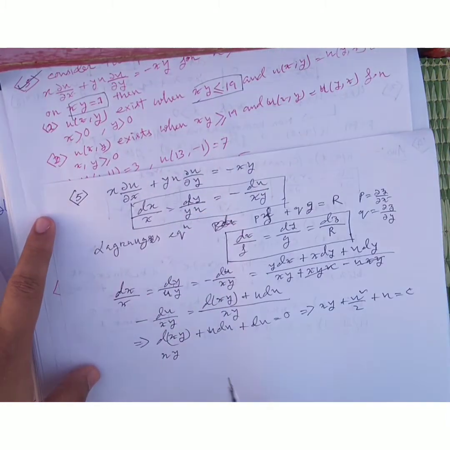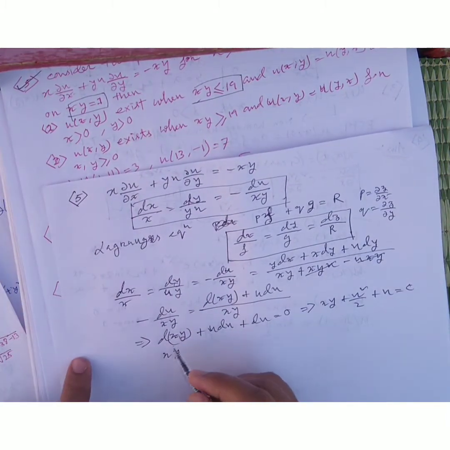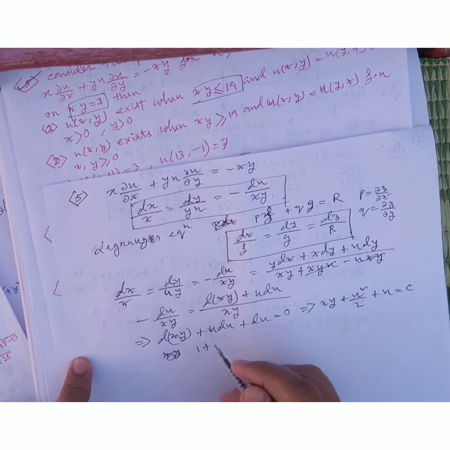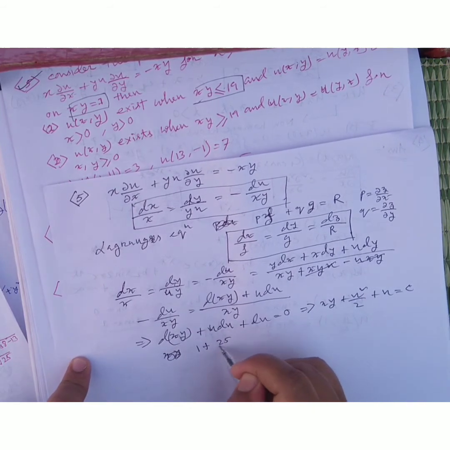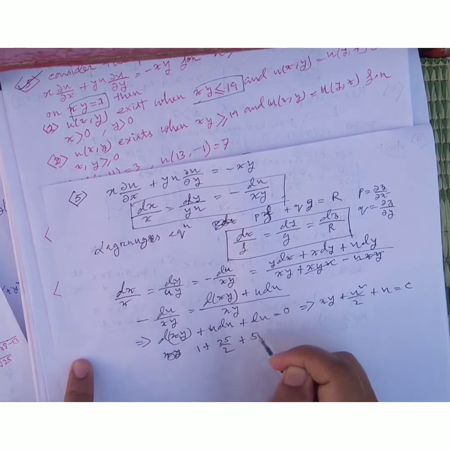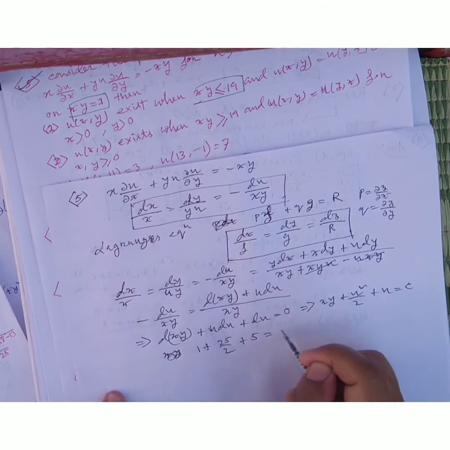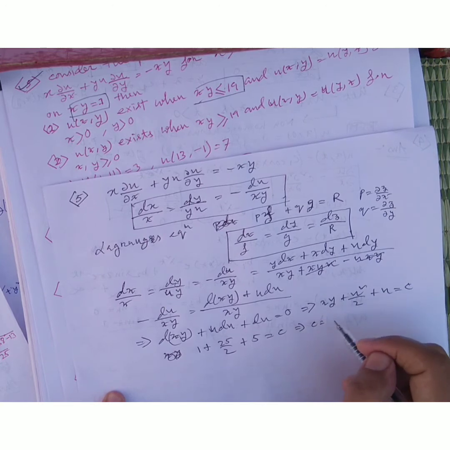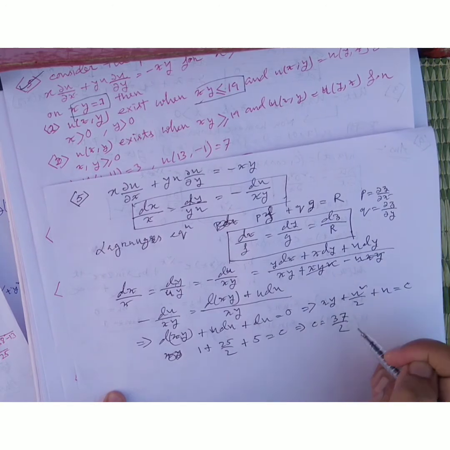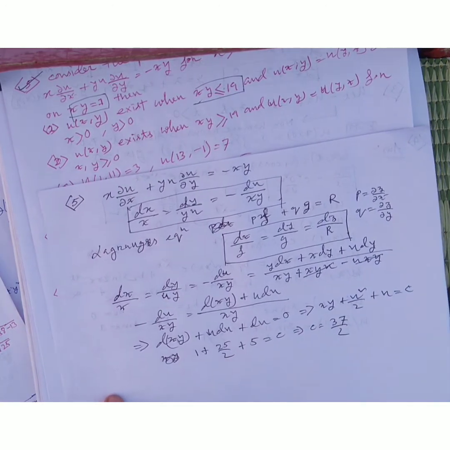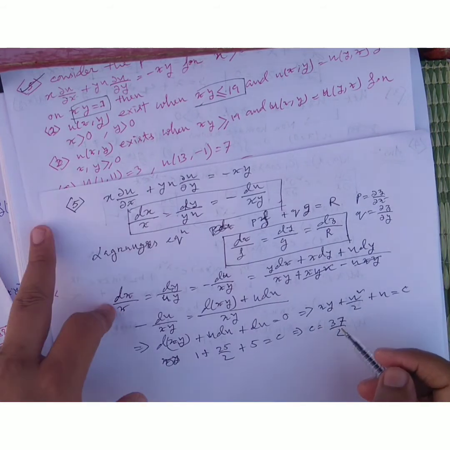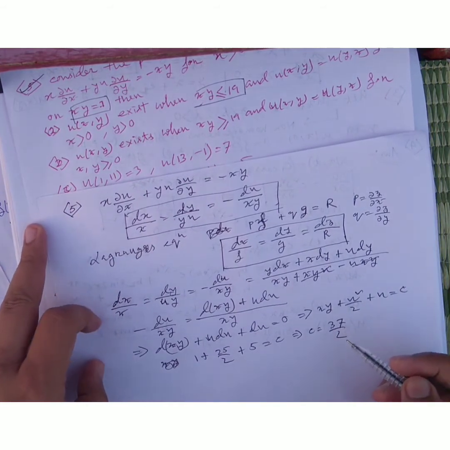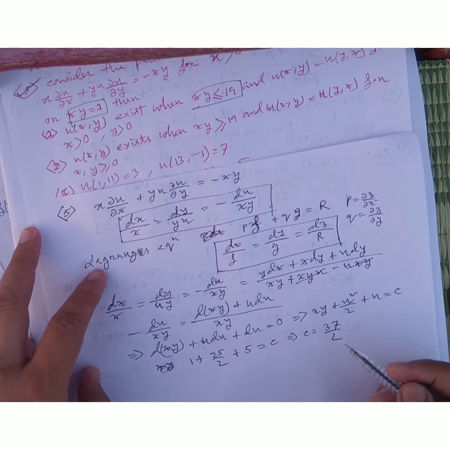So I just put xy is equal to 1 plus 25 by 2 plus 5 is equal to c. So I get the value of c is equal to 37 by 2.